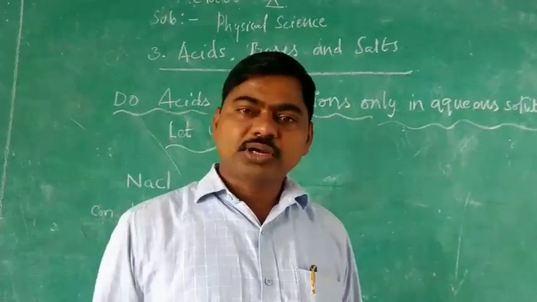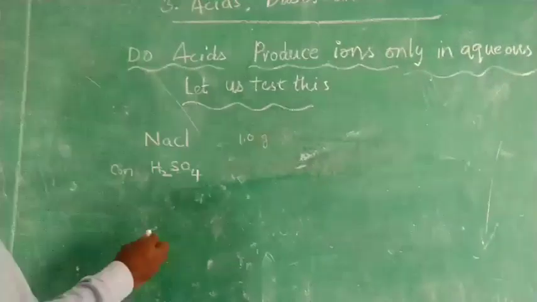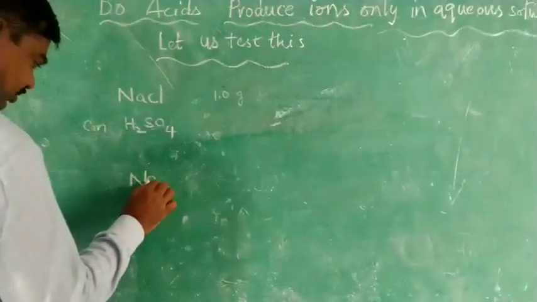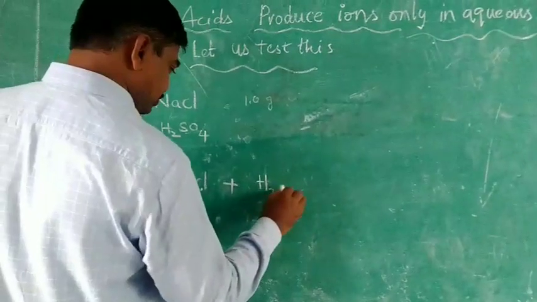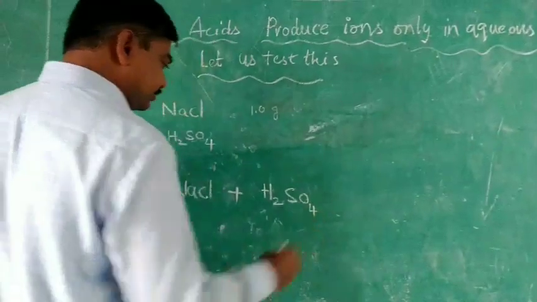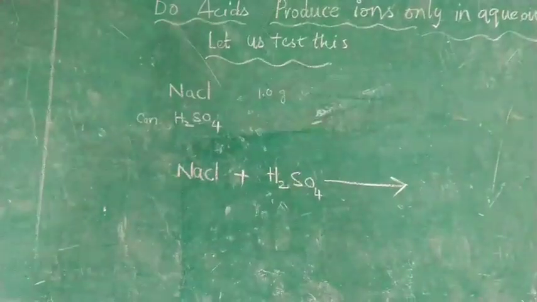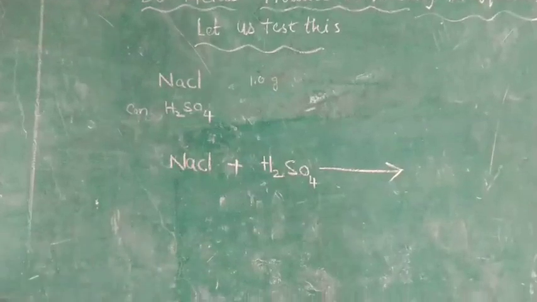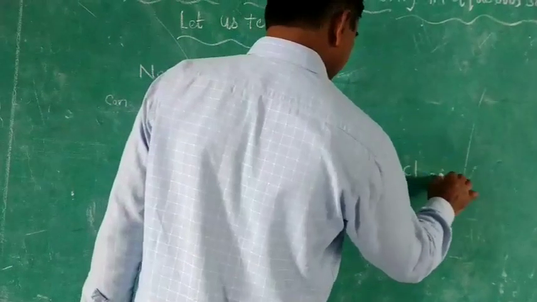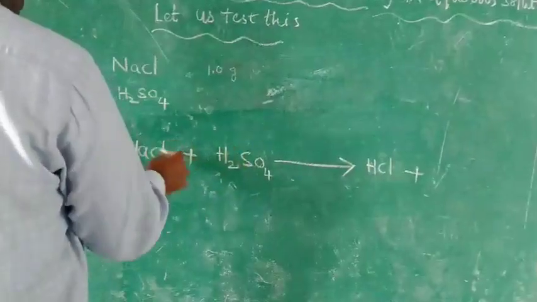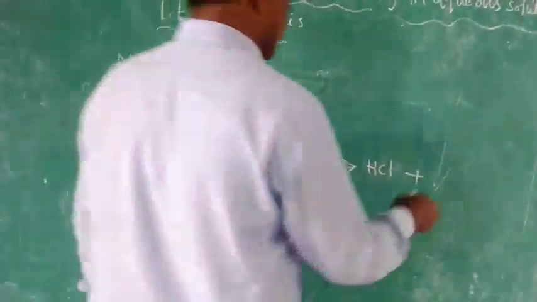Now let us write the reaction. What components are there? Sodium chloride, NaCl, plus H2SO4 gives rise to HCl plus Na2SO4, the product.